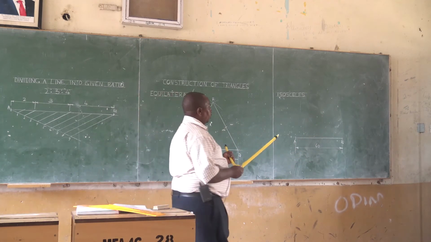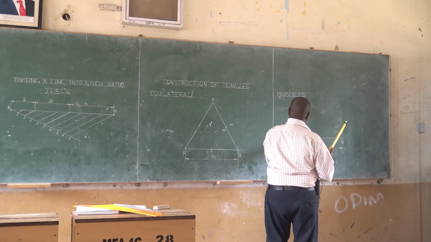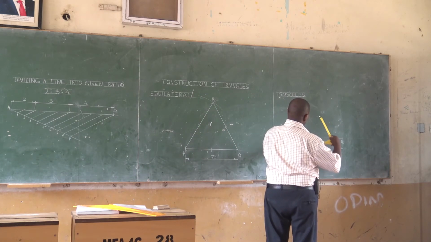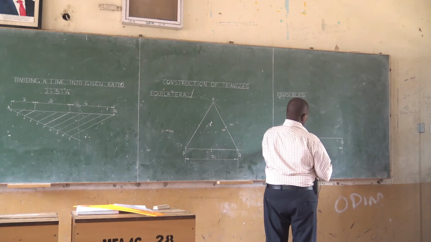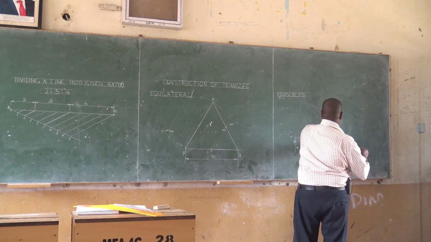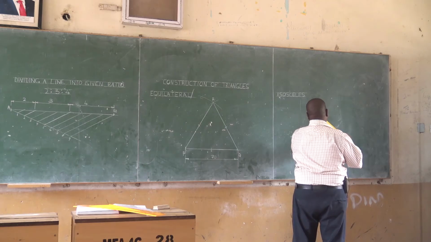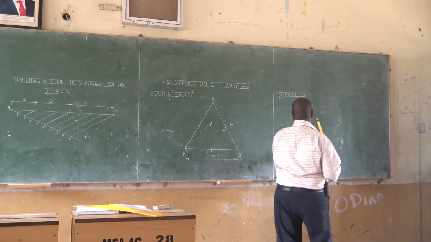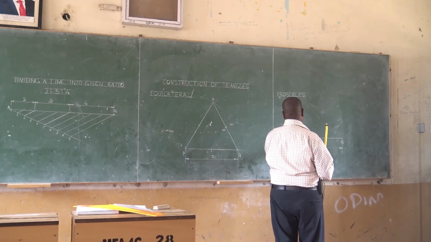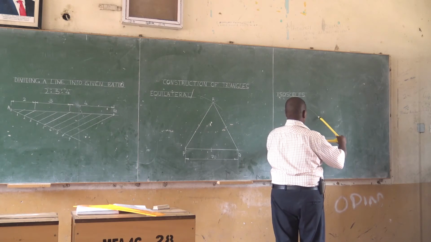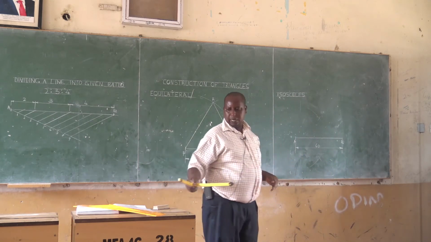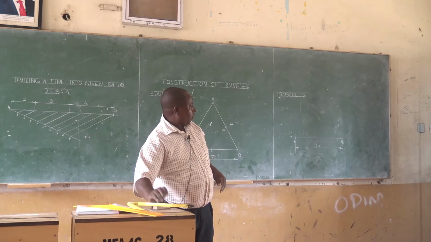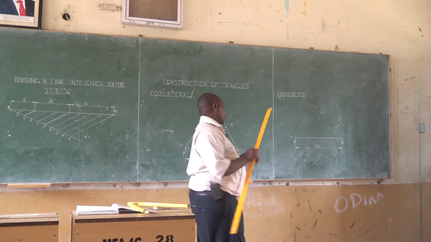The procedure for drawing an isosceles triangle is as follows. Bisect this line, the original line AB, so that you have those two arcs. Draw the bisector on the line perpendicular to the original line AB.